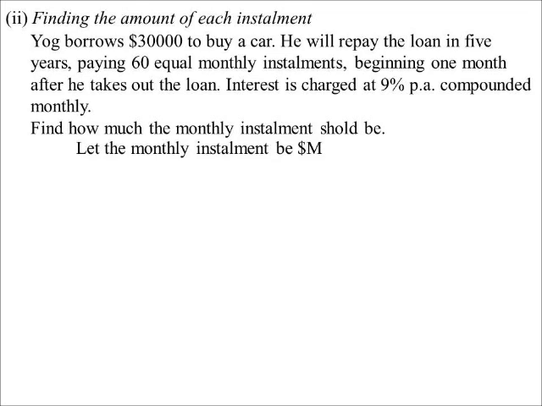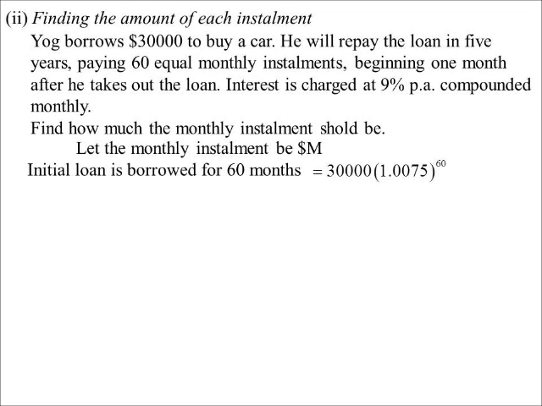So we don't know what it is. This is what we're working out. So I'll just call it M for monthly instalment. So the initial loan, the bank is going to give me $30,000 and it's giving it to me for 60 months. And the interest rate will be 9 divided by 12, so 0.0075, to the power of 60.